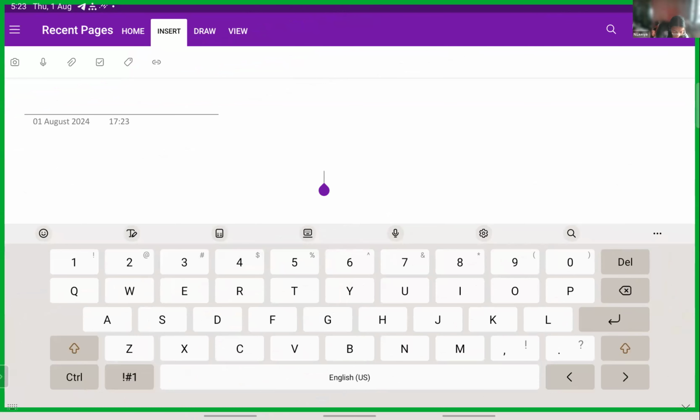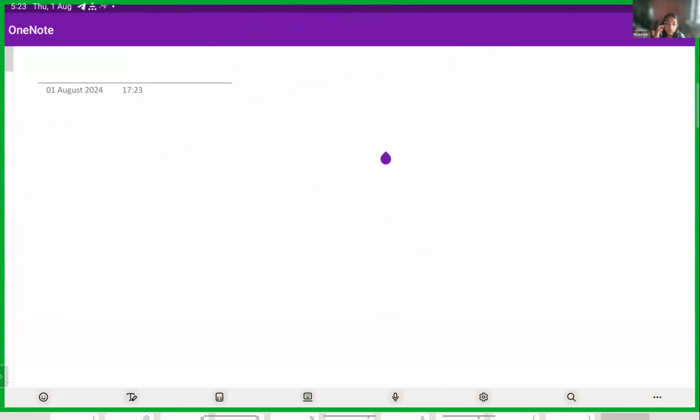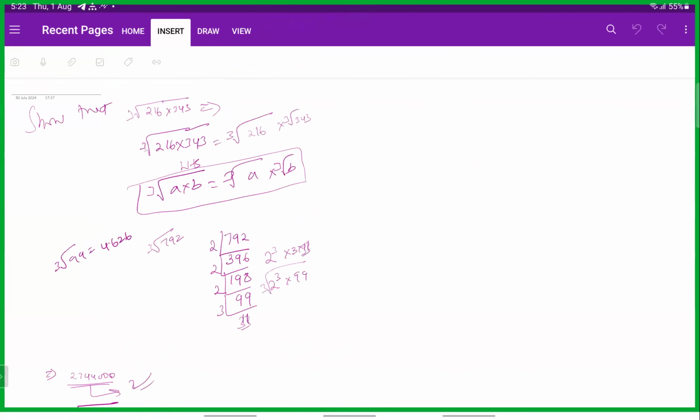Qualitative data and quantitative data. I also gave the difference between qualitative data and quantitative data.